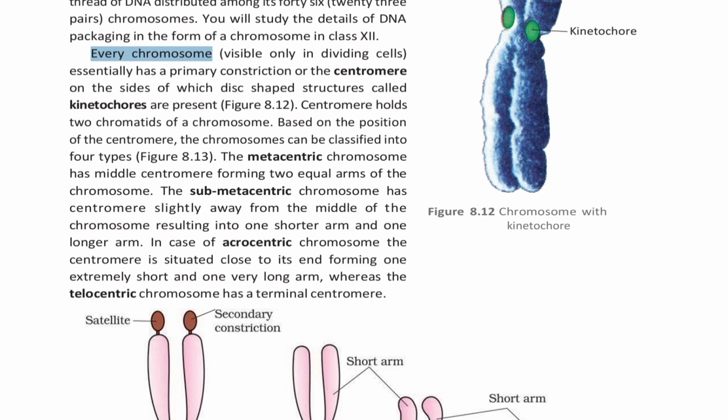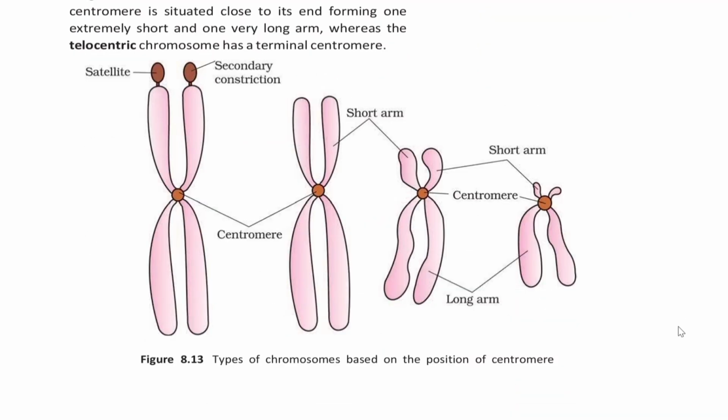The submetacentric chromosome has the centromere slightly away from the middle of the chromosome, resulting in 1 shorter arm and 1 longer arm. In case of an acrocentric chromosome, the centromere is situated close to its end, forming 1 extremely short and 1 very long arm, whereas the telocentric chromosome has a terminal centromere. Figure 8.13 shows types of chromosomes based on the position of the centromere.